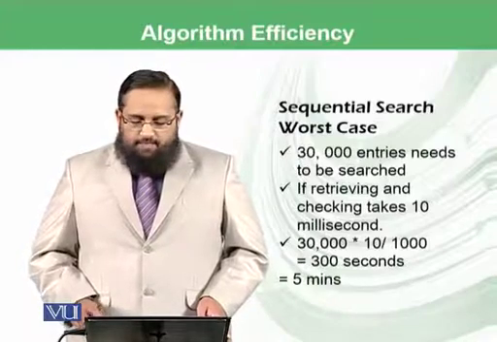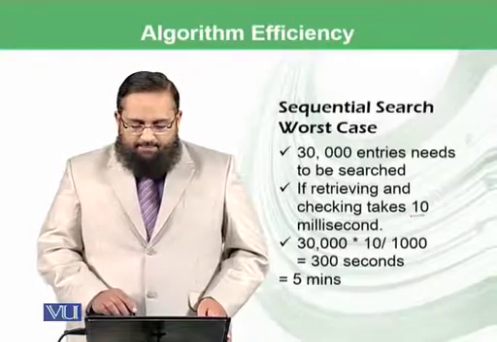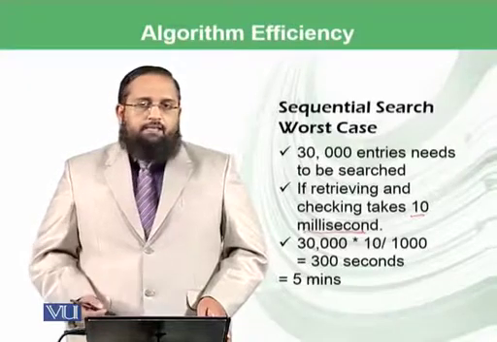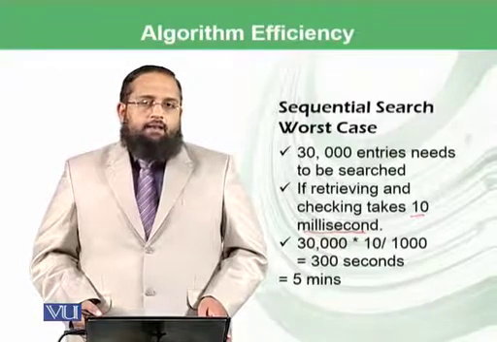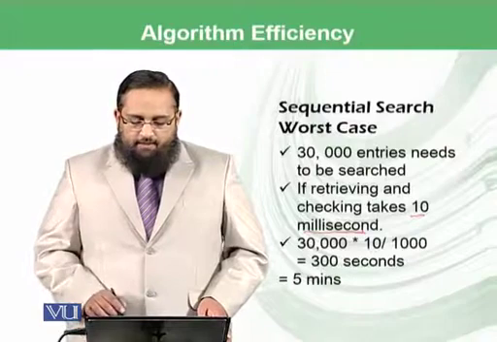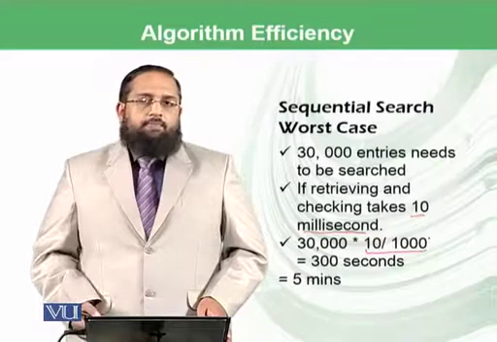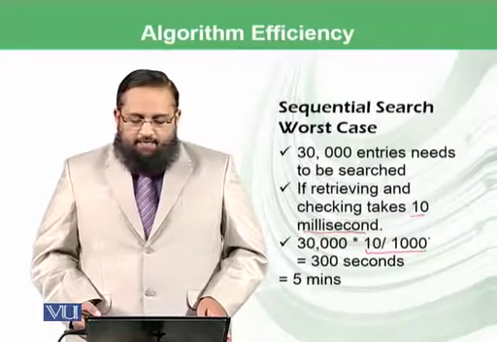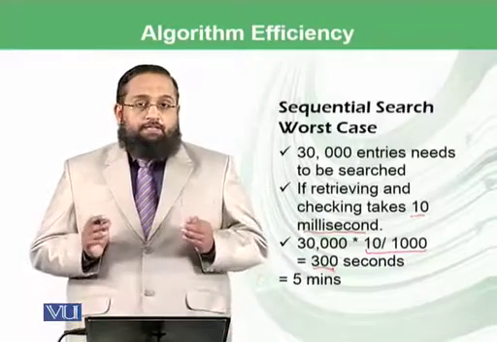Suppose that one comparison is done in 10 milliseconds. So 30,000 multiplied by 10 divided by 1000, because 10 milliseconds is the hundredth part of a second, and it will require 300 seconds, which means 5 minutes.